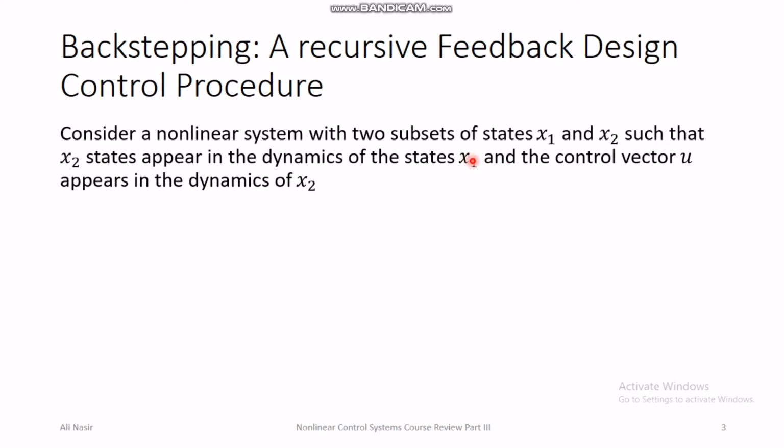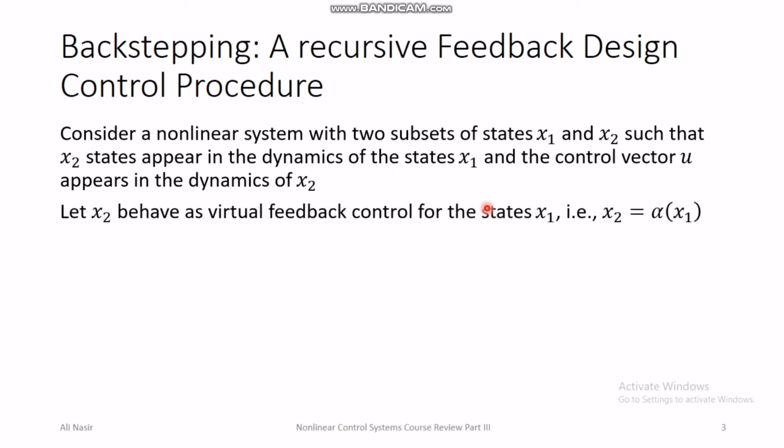So x1 dot should be a function of x1 and x2, and x2 dot must have a control input u in its dynamics. If such a case occurs, then you can apply backstepping based recursive feedback design.